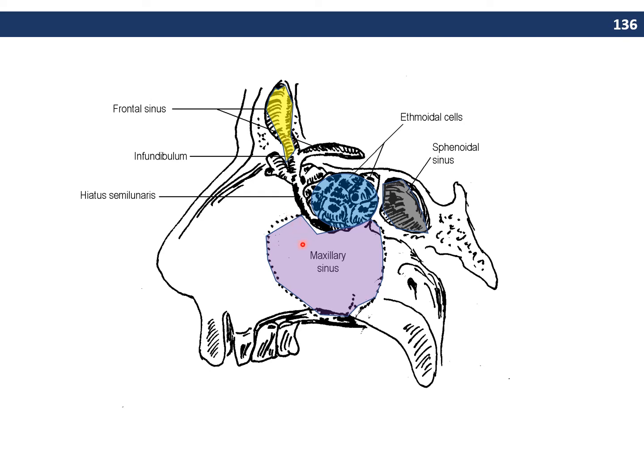Remember that they drain rather superiorly. The frontal sinus, anterior ethmoid sinus, and the maxillary sinus drain through this hiatus semilunaris, which is deep to the middle meatus.